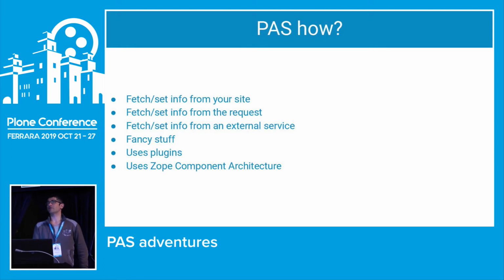You can even do fancy stuff, for example, two-factor authentication, single sign-on. You can lock out users that are trying to access your system and fail to authenticate many times. PAS, to do that, uses plugins. That's why it's pluggable. And it is heavily based on the Zope component architecture.